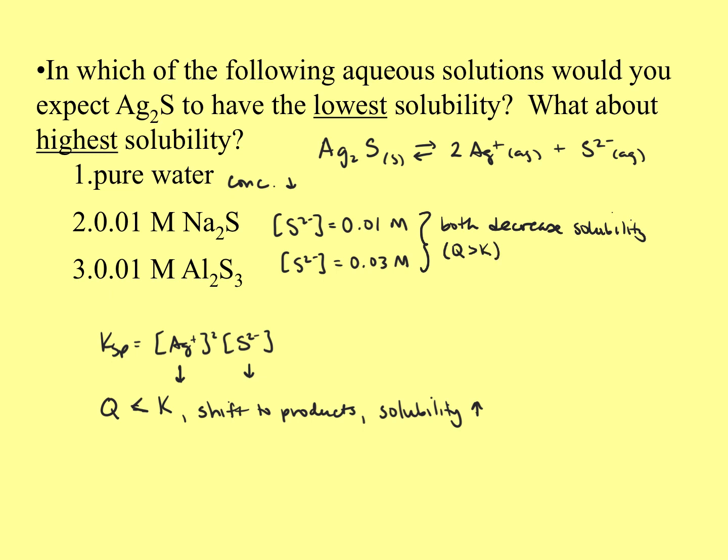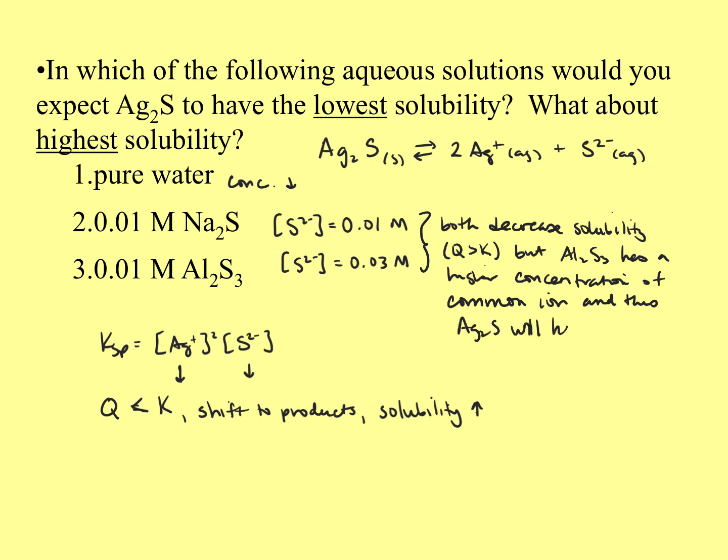So Q is greater than K. But Al2S3 has a higher concentration of the common ion, and therefore Ag2S will have the lowest solubility in Al2S3.